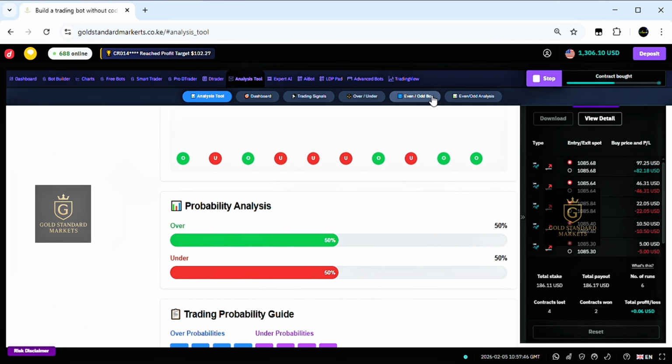Okay, so now we are currently at $1,485, and we started with $1,315. So you can see we are already meeting our $200 target profit.